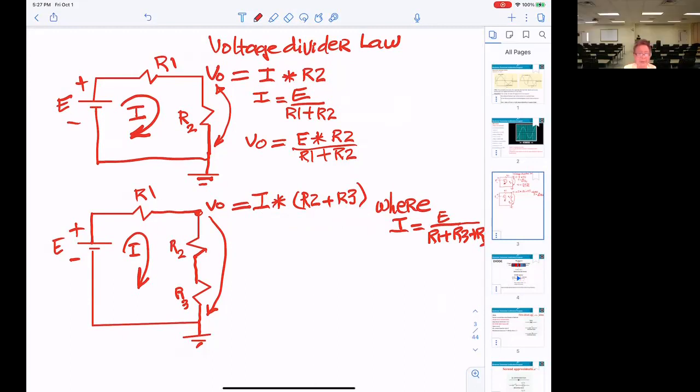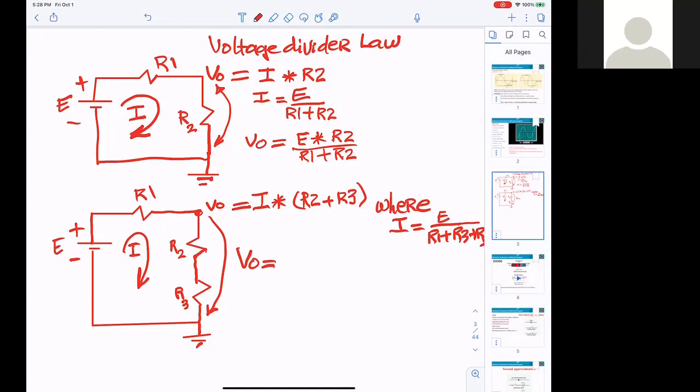Now that is how normally you do the calculation. However, I want to use the voltage divider. Then V out equals what? Voltage divider: it's the voltage times R2 plus R3 divided by R total.